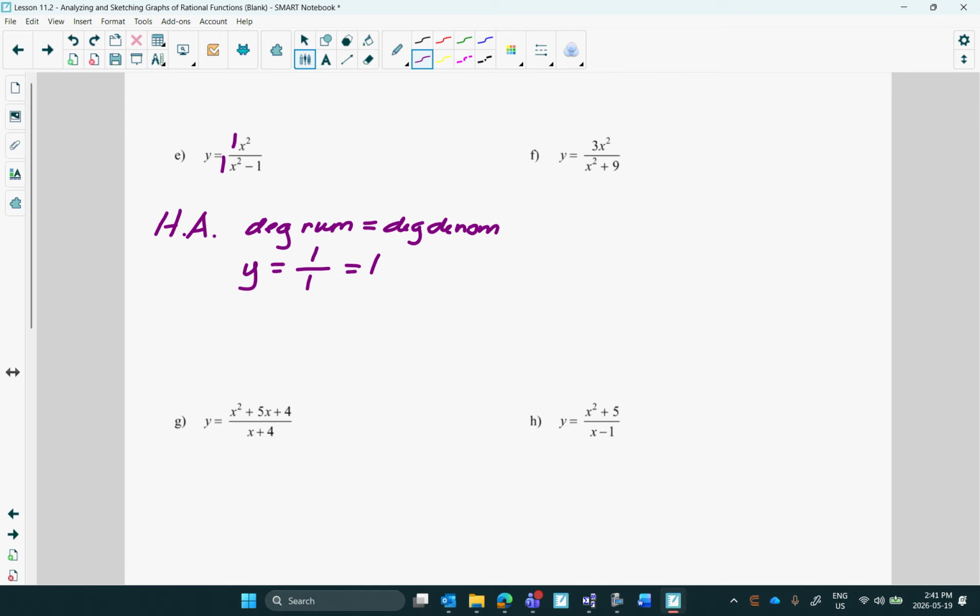For vertical, I need everything factored that I can. I can factor the bottom. Can I do any canceling? No. What are the vertical asymptote or asymptotes? X equals 1 and negative 1. Good.